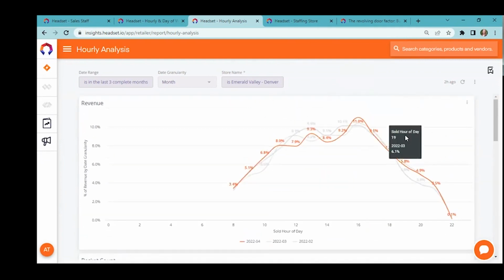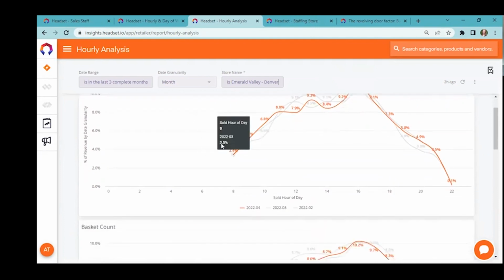But this information can all tie into what we're going to be talking about in a minute, which is staffing your store. Staffing store has a lot of this hourly analysis, but this gives you a baseline and a benchmark to see when we really have to be staffed heavily to meet our demand. When are the slower times?